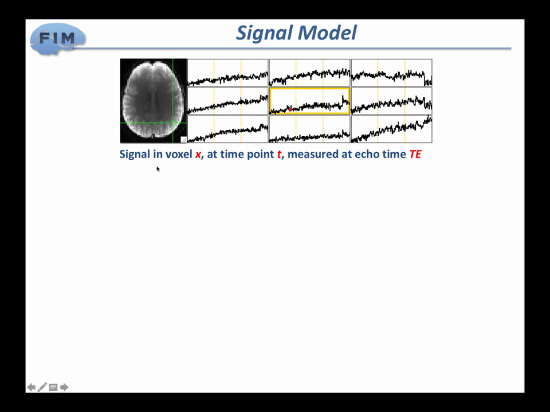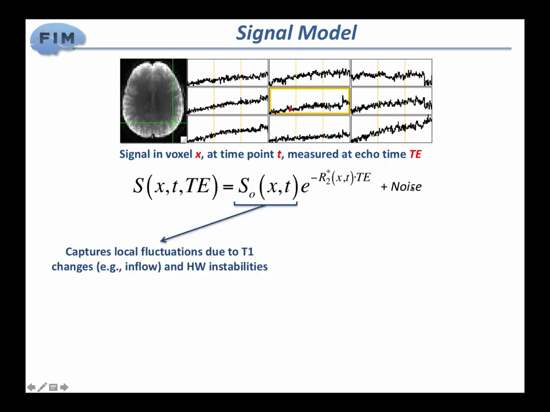So here what we have is just a single volume, a few voxels, and the time series for all these voxels. And the way to model the signal at a given position and at a given moment in time and at one of those many echoes is to think of it as having 2 components plus the noise. The first component is S0, which depends on the position and the time and captures local fluctuations due to T1 changes, hardware instability, the things we don't like.